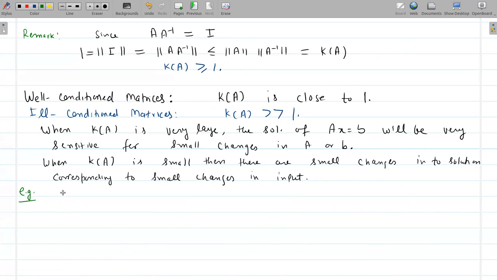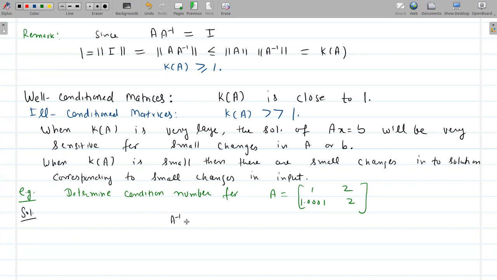So let's relook at that example. The question is: determine the condition number for the matrix A, which is 1, 2, 1.301 and 2, the same example I'm writing. In order to find the condition number, you will also need A inverse.